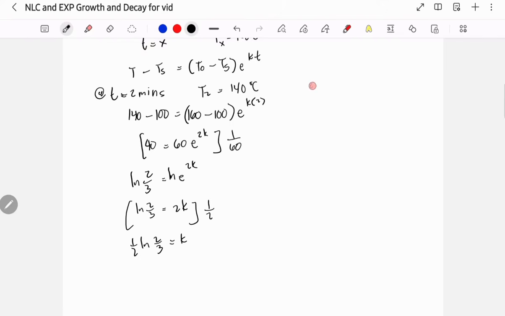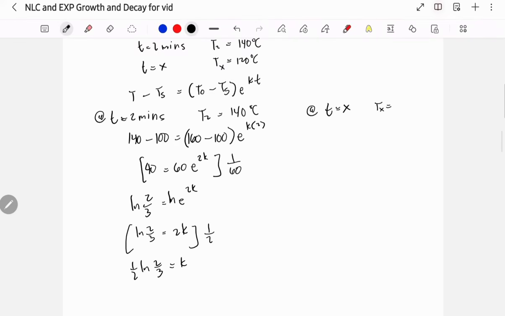So let's apply at T equals X, unknown. The temperature of the object is 120 degrees Celsius. So what is our T? T, when the time is X, is 120, minus, what is our TS?